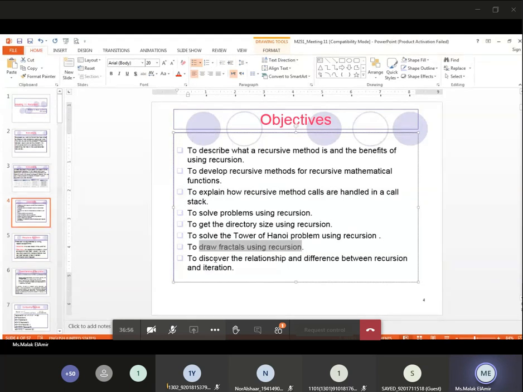Okay? So now I'm starting from slide 37 about how to get the directory size example, which will be the advanced level.